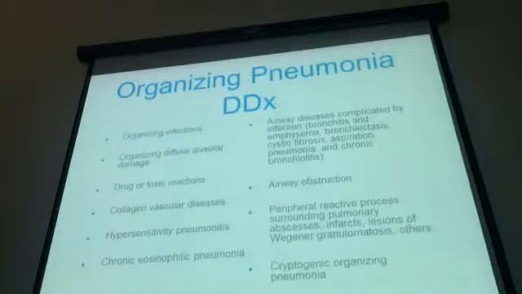Hypersensitivity pneumonitis can be seen with this pattern, but the organization is usually not so extensive, and there usually would be things like small giant cells or granulomas, and a lot more eosinophils associated with that. And then chronic eosinophilic pneumonia, which we'll talk about later. So anytime you see this organizing pneumonia pattern, this is the differential diagnosis, and in this group would be cryptogenic organizing pneumonia at the end of it.